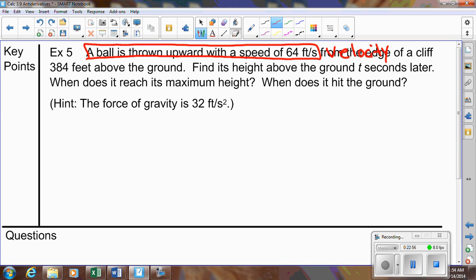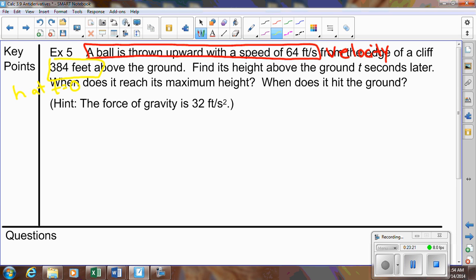And when you throw a ball up into the air, if you're standing on the edge of a cliff, it's telling us we're starting off originally. This is the height at time of 0. So we could say h at time of 0.